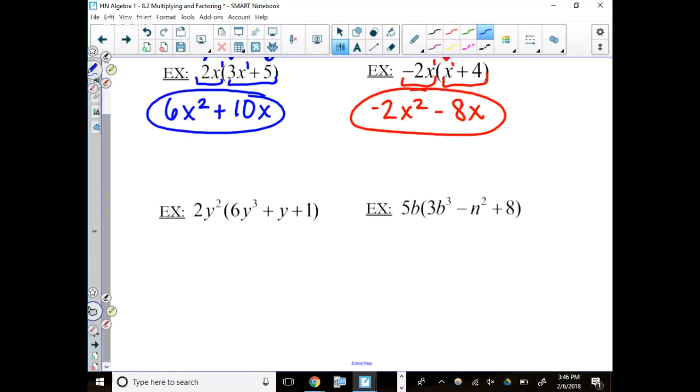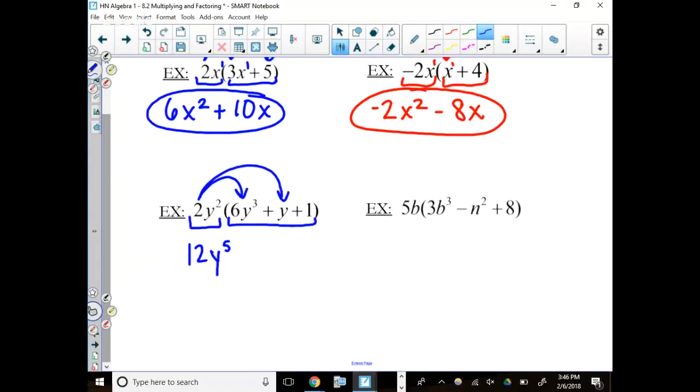All right, next one. We have a monomial times a trinomial. Okay, so we're going to distribute. So multiply the coefficients, 12, and then y, we're going to add the exponent because we're multiplying here. So 2 plus 3 is 5.